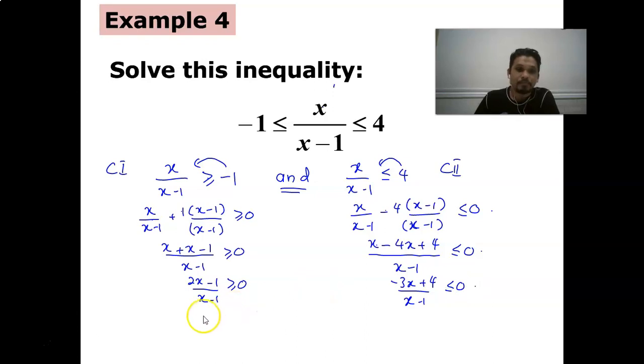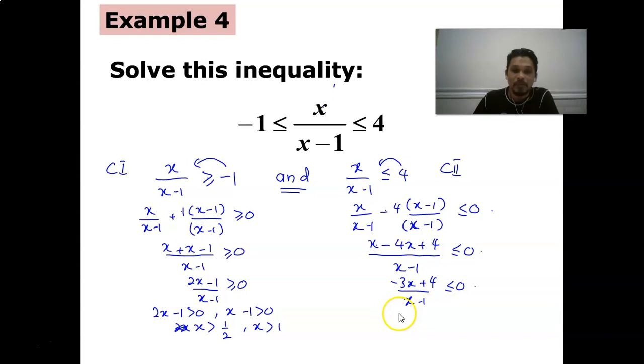Then let these two, 2x minus 1 greater than 0 and x minus 1 greater than 0. So 2x greater than 1, divide by 2, x greater than 1 over 2 and x greater than 1.